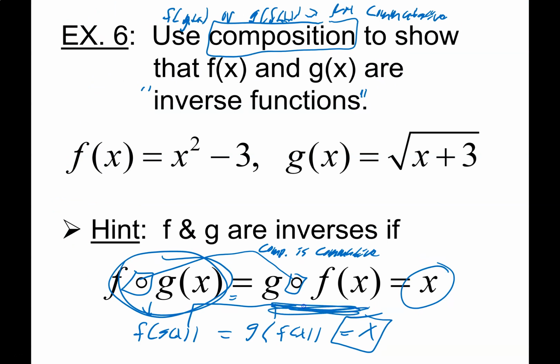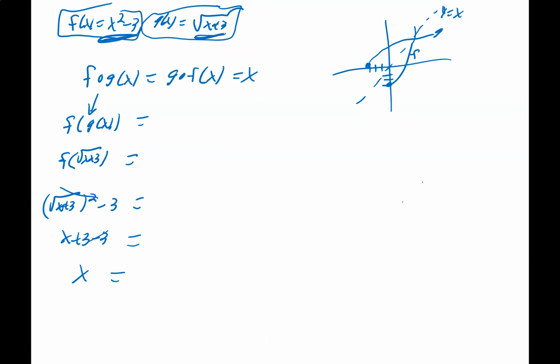Now, this also has to be true. We've got to find g of f and make sure that's true as well. So g of f means I'm taking g of, and I'm plugging in the f of x. G says take the square root of something plus 3. What's the something? It's the function f of x, which makes those reduce.